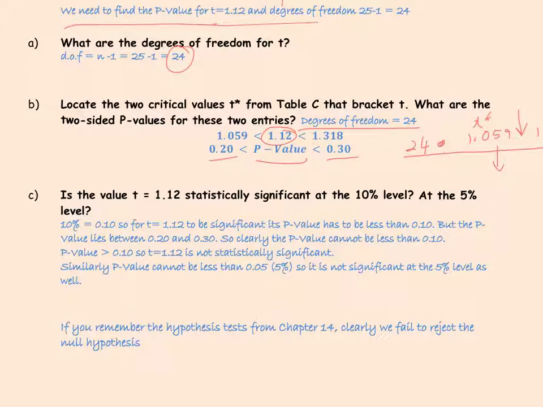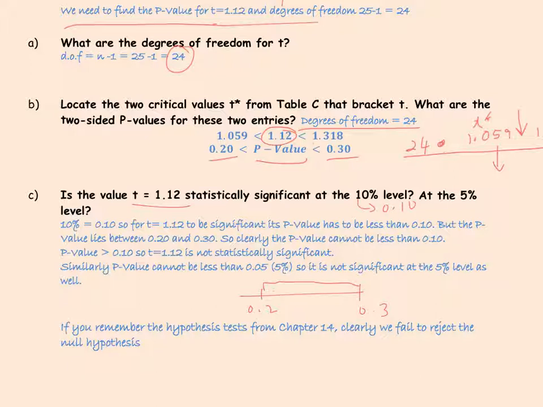The next question says, is t equals 1.12 statistically significant at the 10% level? So in order to conclude for statistical significance, we need to know the p-values, and we know that the p-value lies between 0.20 and 0.30. Now, no matter what the p-value is, we know it's going to be somewhere between these two numbers. 0.10 is 10%.